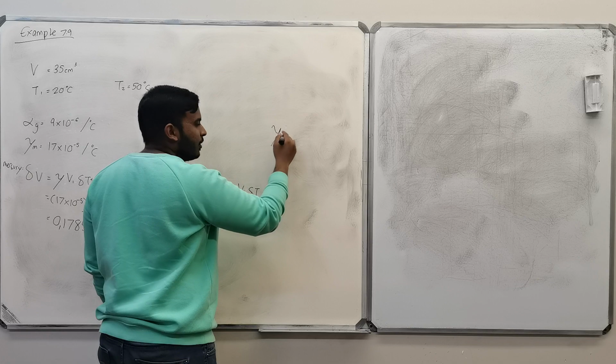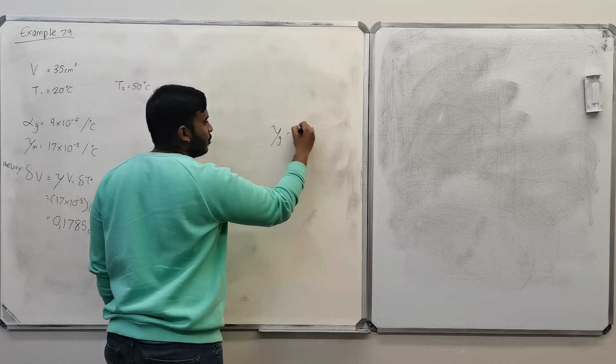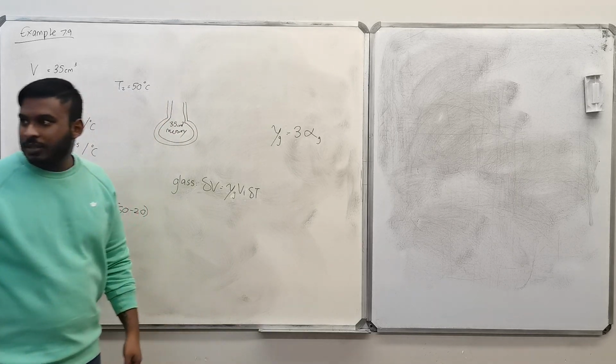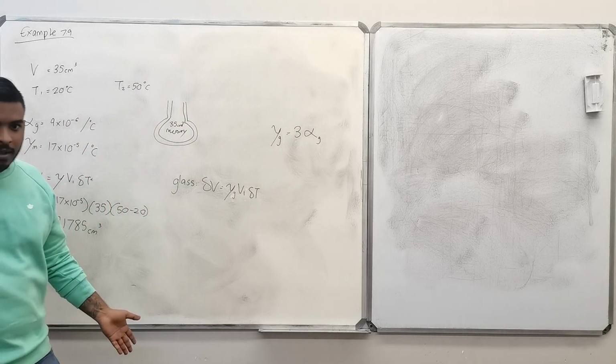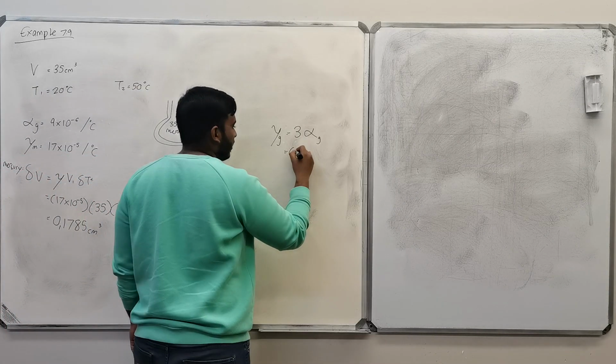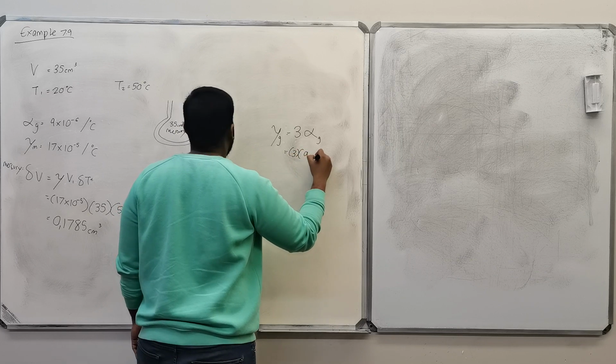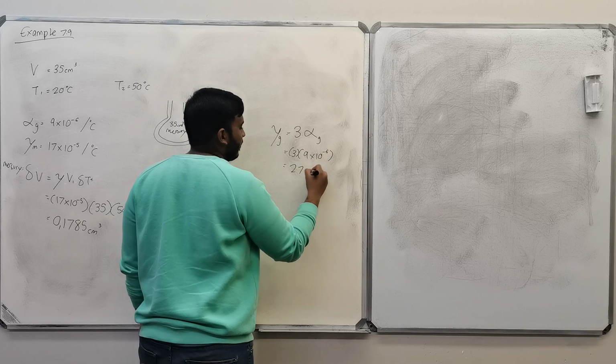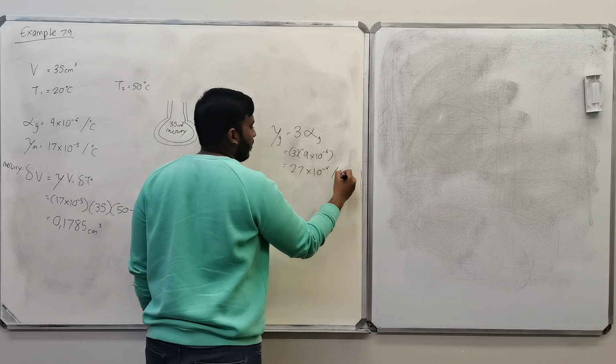So remember, this is for the glass. Your cubic coefficient of the glass will be equal to 3 times your linear coefficient of expansion for glass, right? Yesterday we did this. So this is 3 times 9 times 10 to the minus 6, which is 27 times 10 to the minus 6 per degree Celsius.